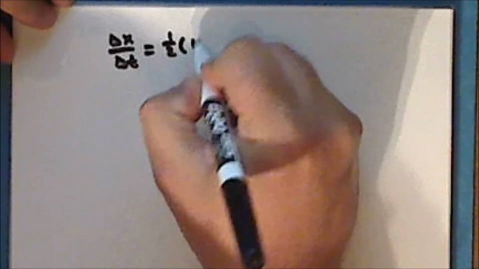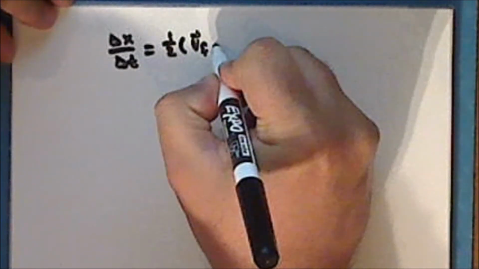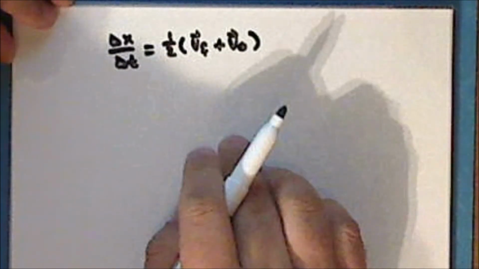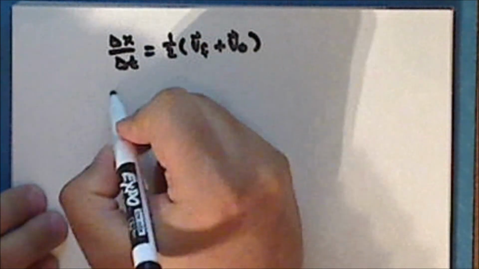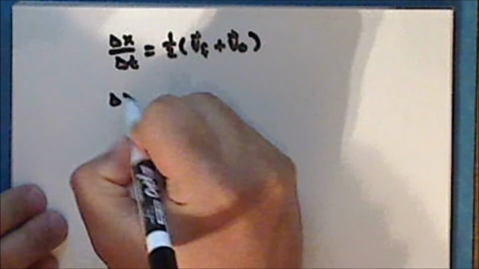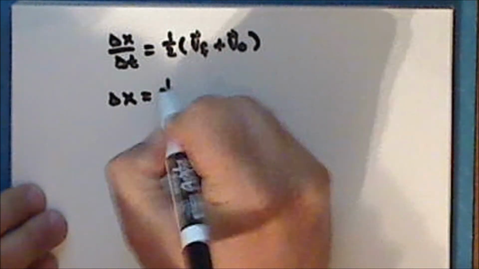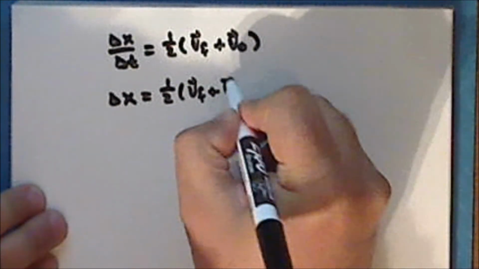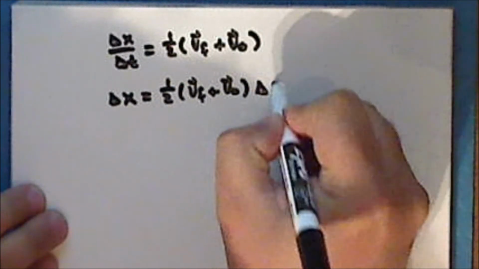So we have that the displacement divided by the time interval delta t is equal to 1/2 the sum of the final velocity and the initial velocity. And so the displacement is 1/2 the quantity, the final velocity plus the initial velocity, times the time interval delta t.